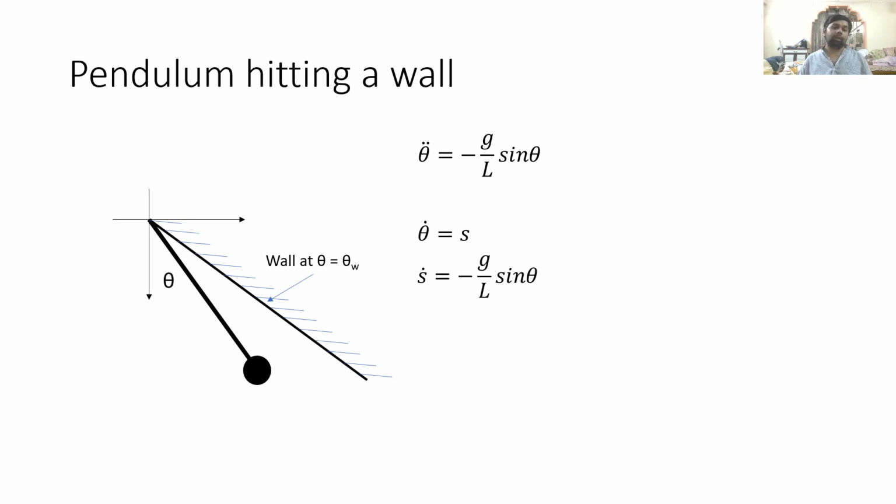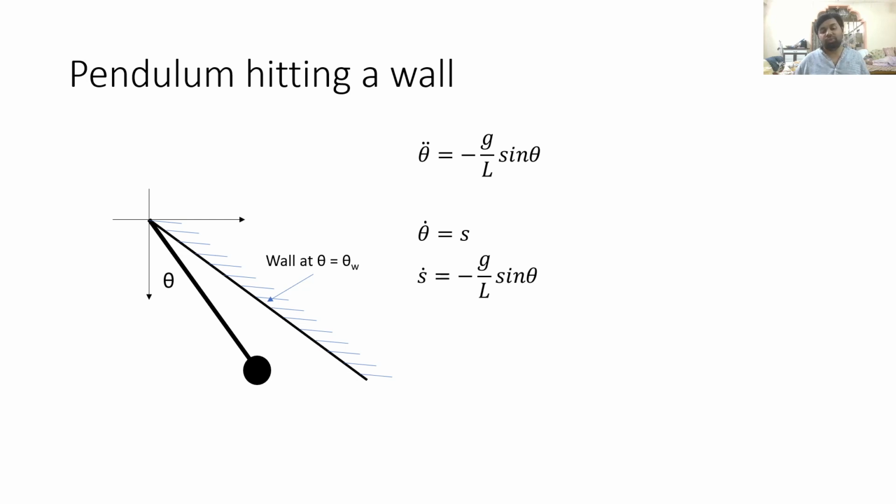The velocity with which it bounces back from the wall we can find out using the coefficient of restitution. We can define a coefficient of restitution which will give us the reflected velocity after each collision, after each impact, and then we can keep track of that, and then it will do the next cycle.